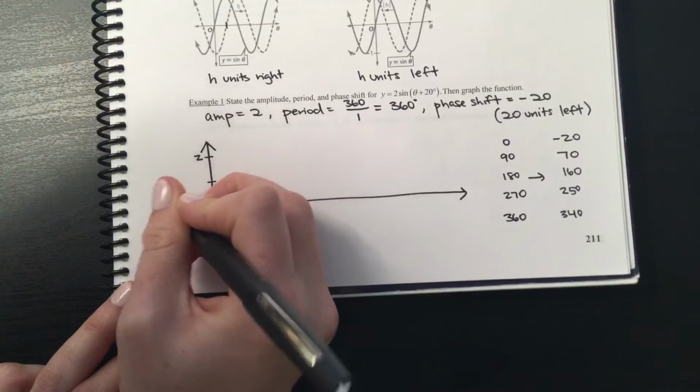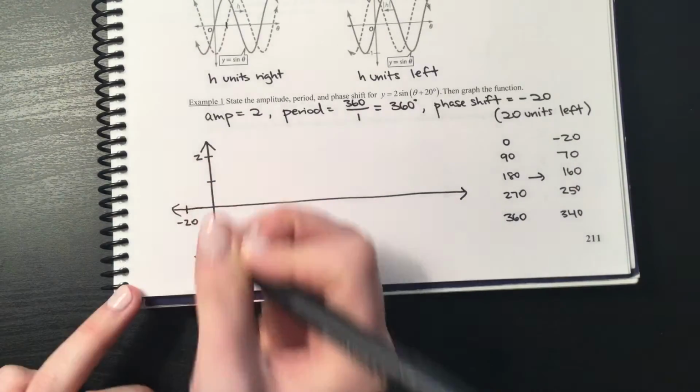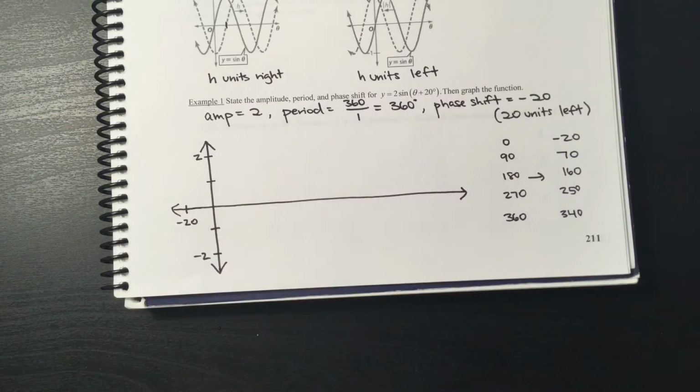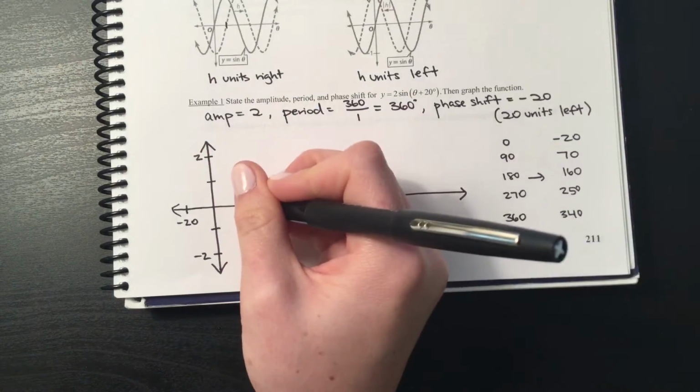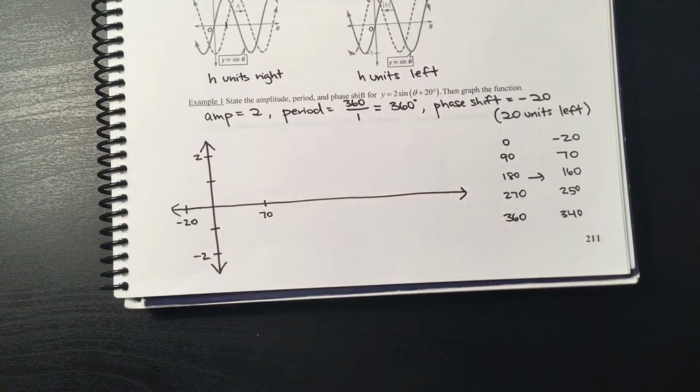Okay, so if we go a little bit to the left, this is going to be -20 degrees, and then we can just scale from there and make sure everything's spaced out appropriately. All right, so that's negative 20. The positive 70 would be like there, maybe.